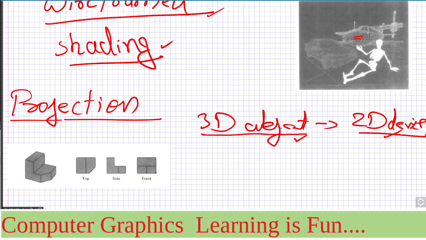Now if you want to display a 3D object on a 2D device, there is some limitation, right? So there are different ways of projection. One is parallel projection.